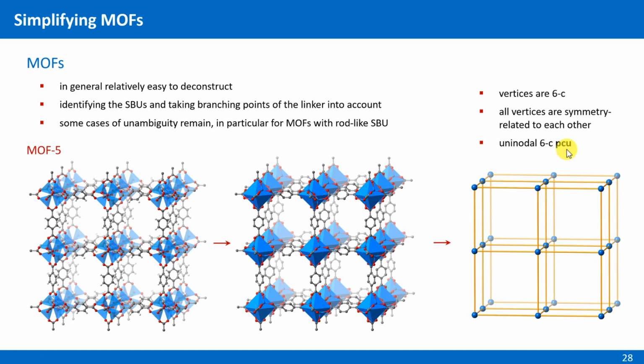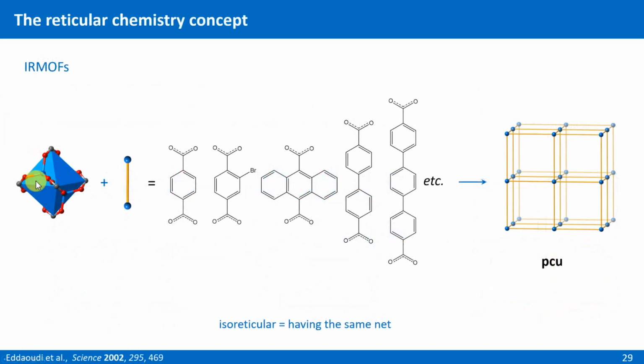If we now use the same ingredients for the SPU, and we use only ditopic linkers, no matter how exactly it looks like, it can be shorter or longer, it can be mono or polycyclic in the aromatic backbone, it can have additional side groups, then it is very likely that we obtain an identical net.